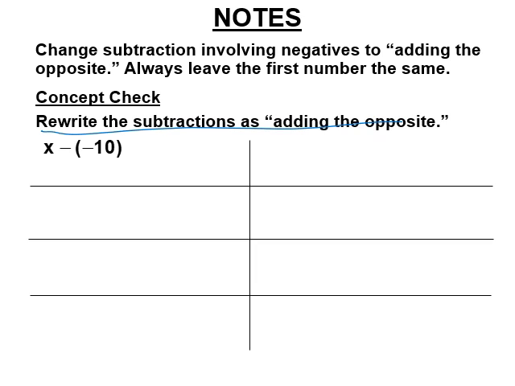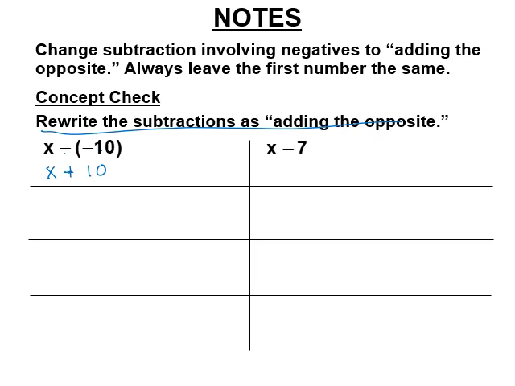Just like when we don't like to have positives and negatives next to each other, we don't like minuses and negatives next to each other, so we put parentheses there. But it turns out that that will always be the same as adding the opposite. So it'll be the same as adding 10. X minus negative 10 will always be the same as adding 10.